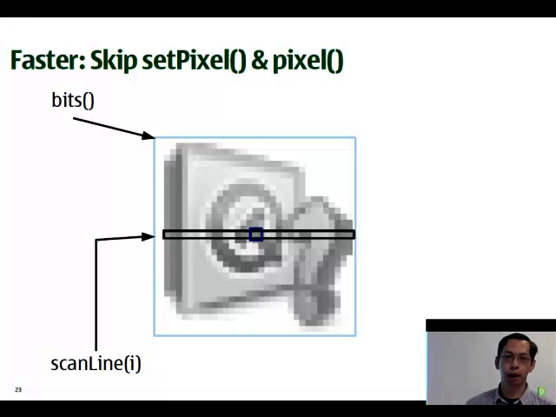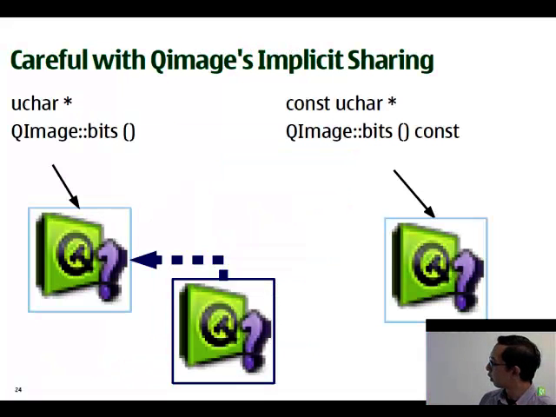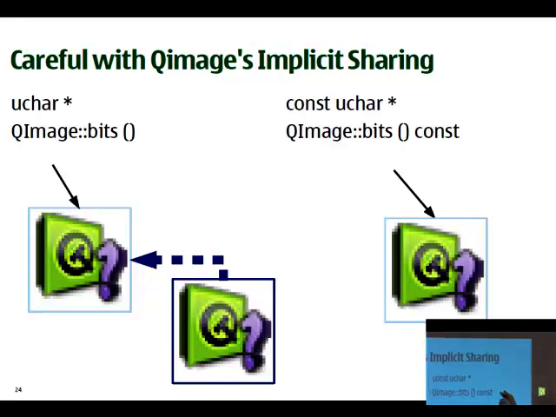But you have to be careful with this technique. The problem is there are two different versions of QImage bits: the one that is a constant function and returns a constant pointer, and the other one which just returns a pointer. The problem is that QImage is using the typical Qt implicit sharing. So if you pass a QImage to another function, for example, you don't really create a copy of the pixel data.